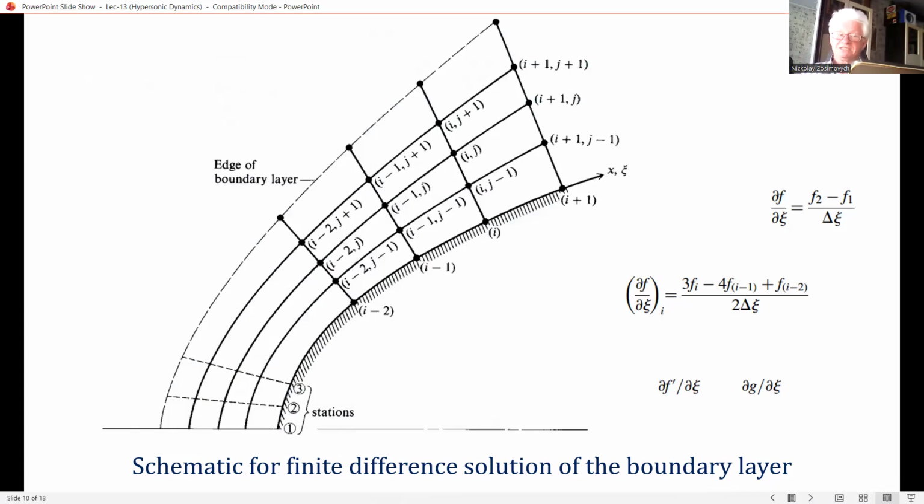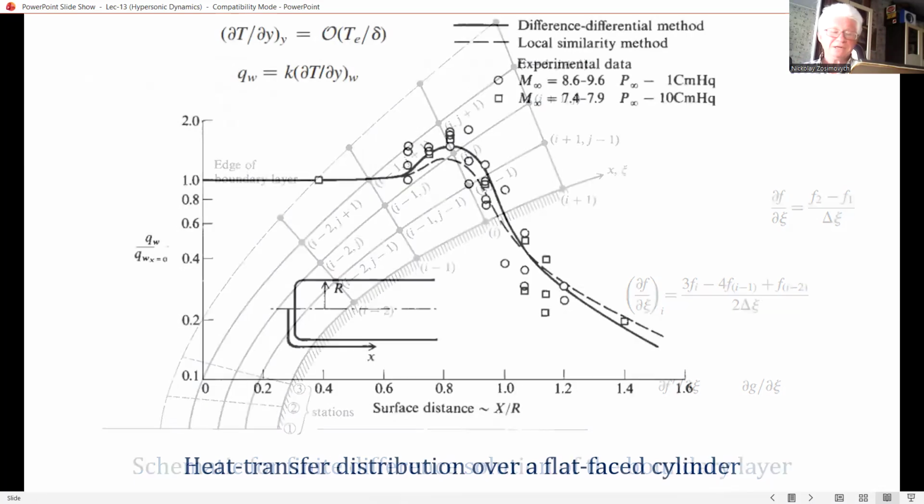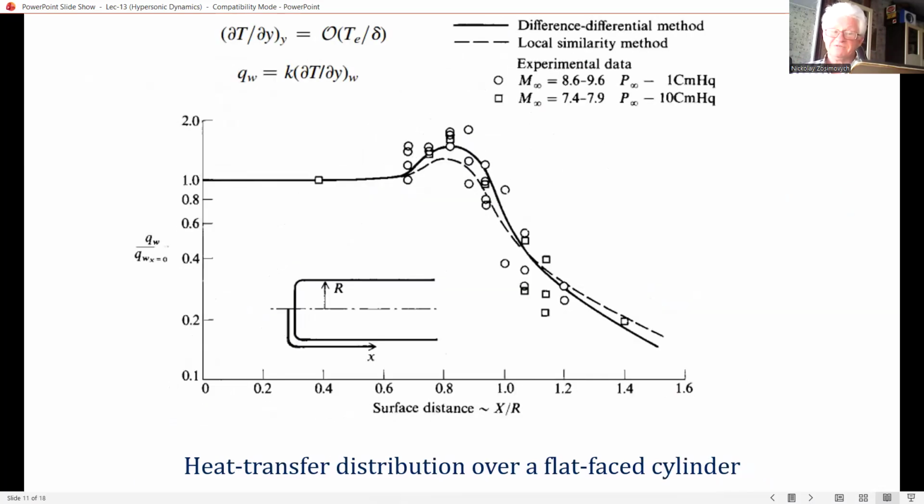As Smith and Clutter state, meeting boundary conditions efficiently has been the most difficult part of the entire problem. But nevertheless, the differential method is an exact solution to general, non-similar boundary layers, and it has been applied with success to hypersonic problems.